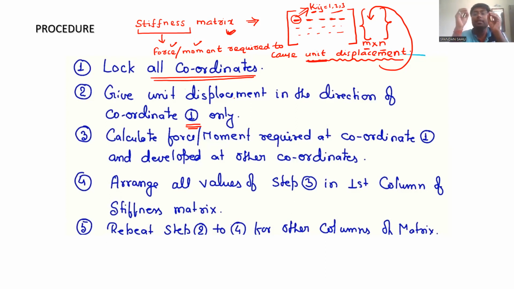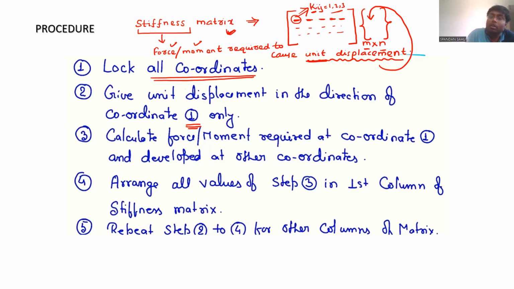The very definition of stiffness suggests that if you have unknown displacement and stiffness coefficients, then you put one unit displacement, either in the form of translation or rotation. To cause that unit displacement, how much external work or force you need to apply at that joint, that is called the stiffness.